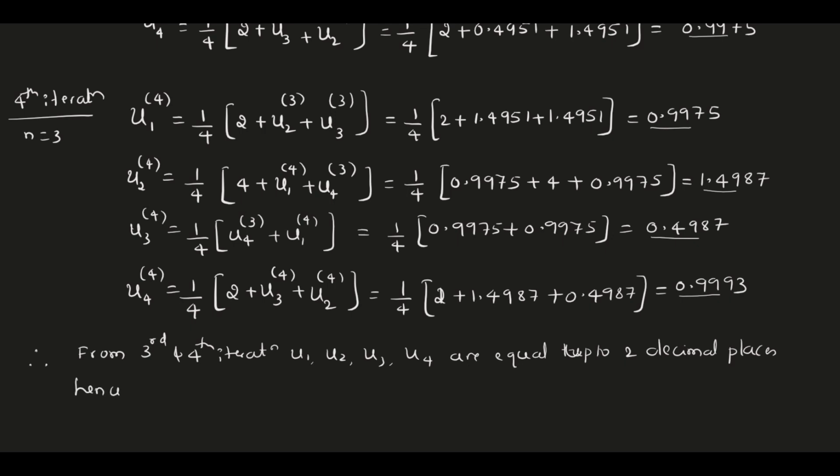Hence, the required values are u1 is equal to 0.99, u2 is equal to 1.49, u3 is equal to 0.49 and u4 is equal to 0.99. Yes, these are the required values of your example.